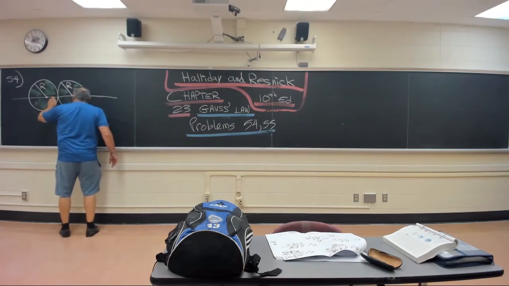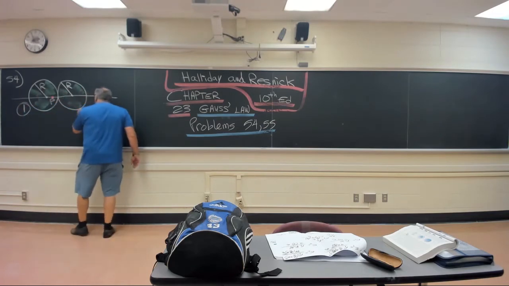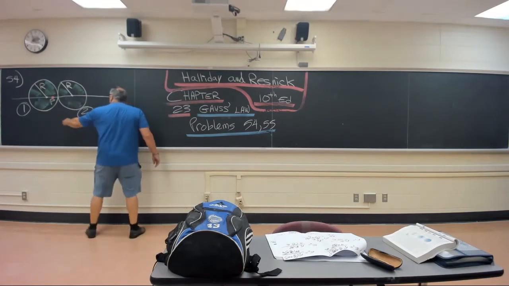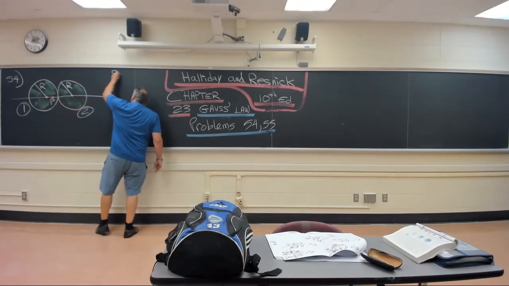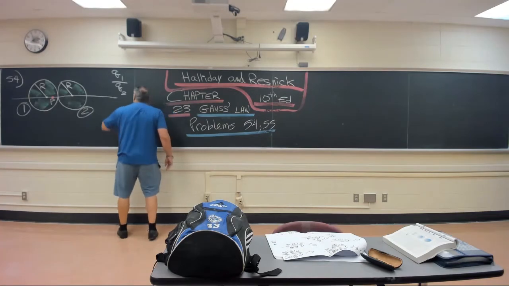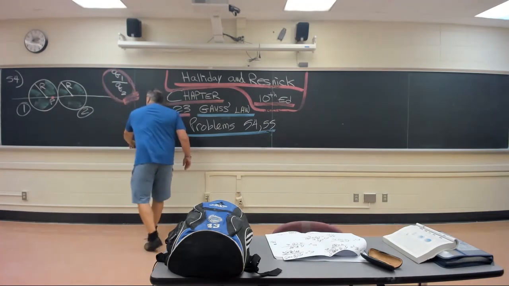Point P is capital R divided by 2 distance away from the center of this sphere. This is sphere 1, and this is sphere 2. The charge that is totally present on sphere 1 is Q1. The charge that is present on sphere 2 is Q2. The goal is to find that ratio.